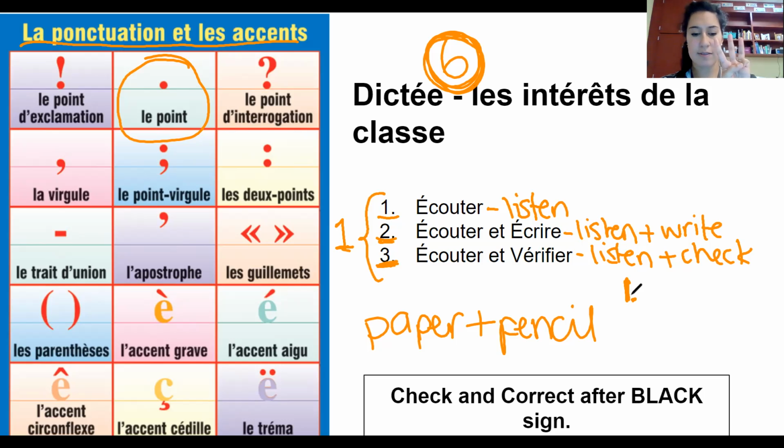Numéro 3. La classe adore les vacances. Point. Numéro 4. Nous aimons aussi le portable. Point.